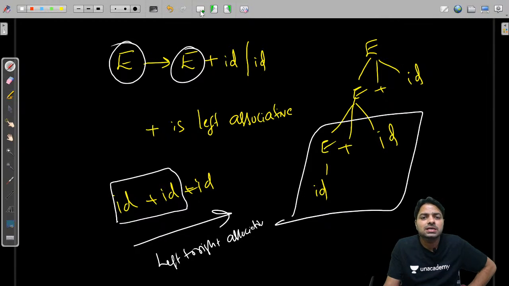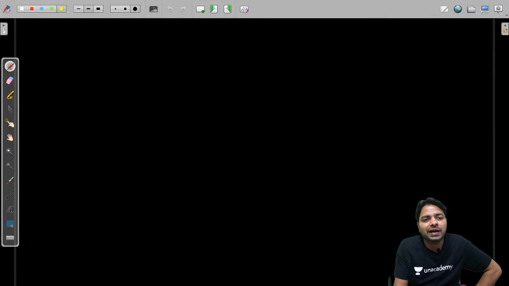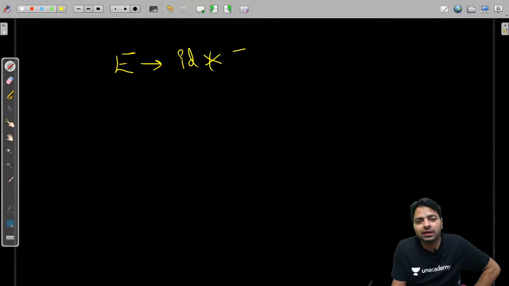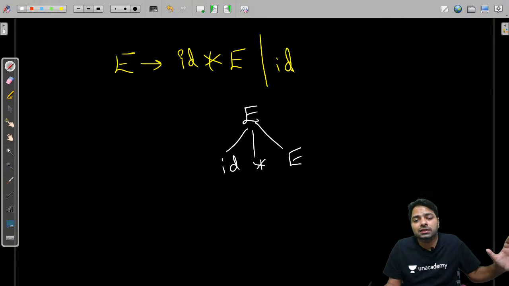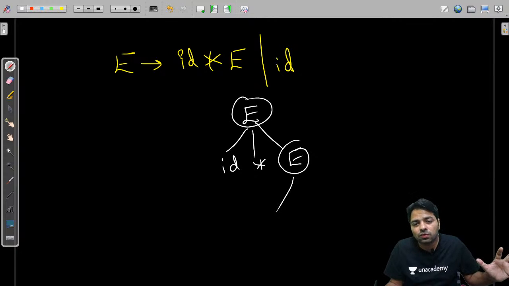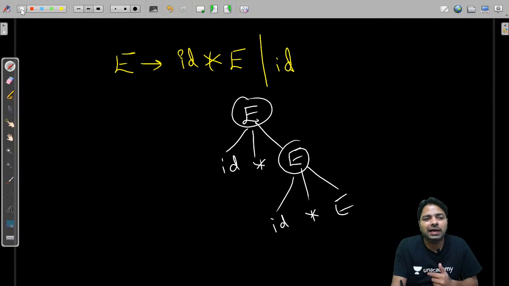Because you can assume this is left recursive, so it is going to create left associativity. Similarly, if you have right recursion, let's say E derives ID star E, something like that, guys. Let's take E derives ID star E. If you want another star, that must come from here, you get another one. And E derives ID, I'm not writing it.